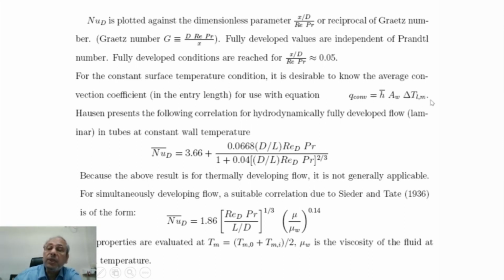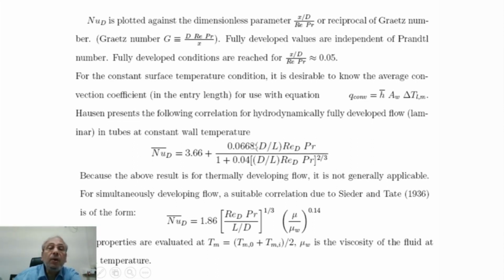We mentioned it a few lectures earlier. Hausen presented the following correlation for hydrodynamically fully developed, of course laminar, flow in tubes at constant wall temperature, which is given by this.